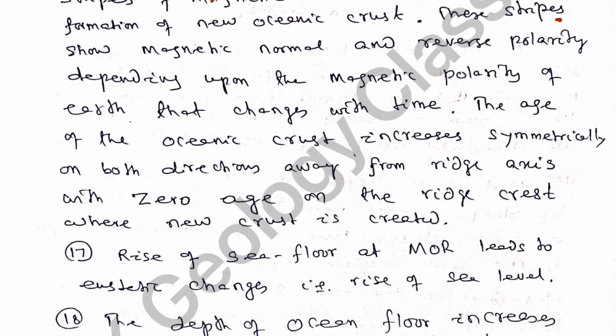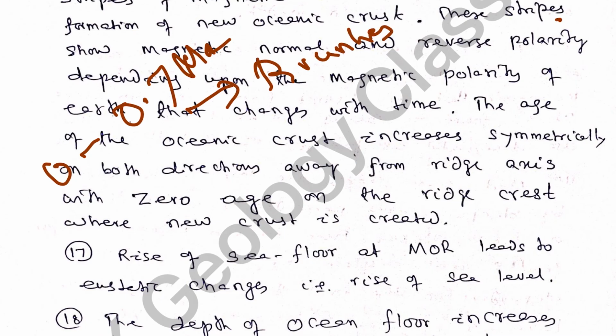Because the Brunhes normal that the magnetic minerals show ranges in age up to 0.7 million years from present, 0 to 0.7 million years. This is the Brunhes magnetic normal polarity period that the Earth is facing now.